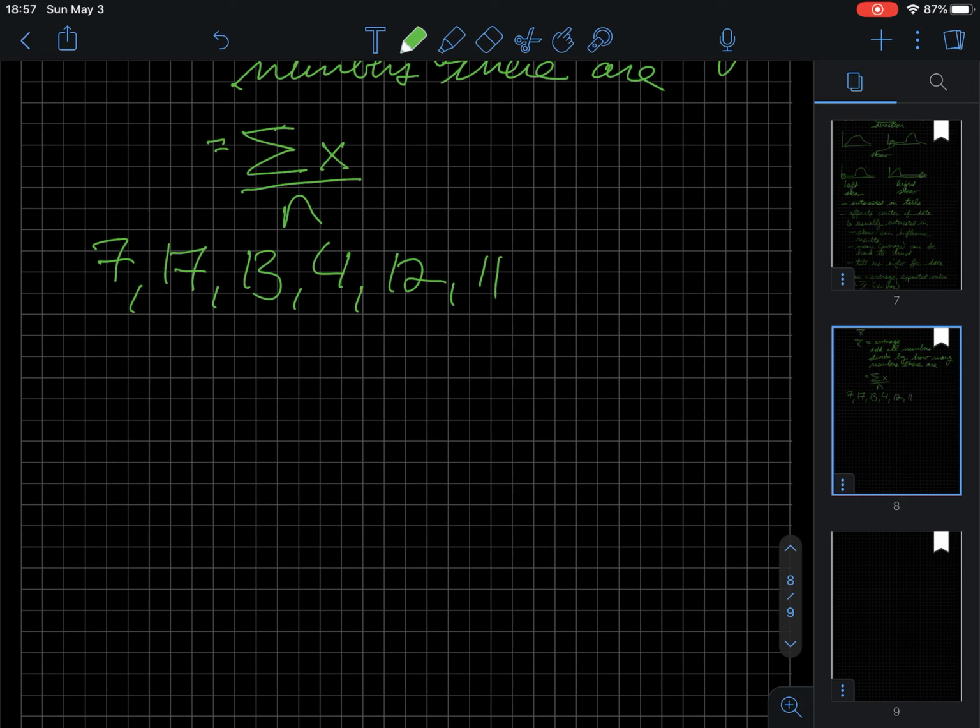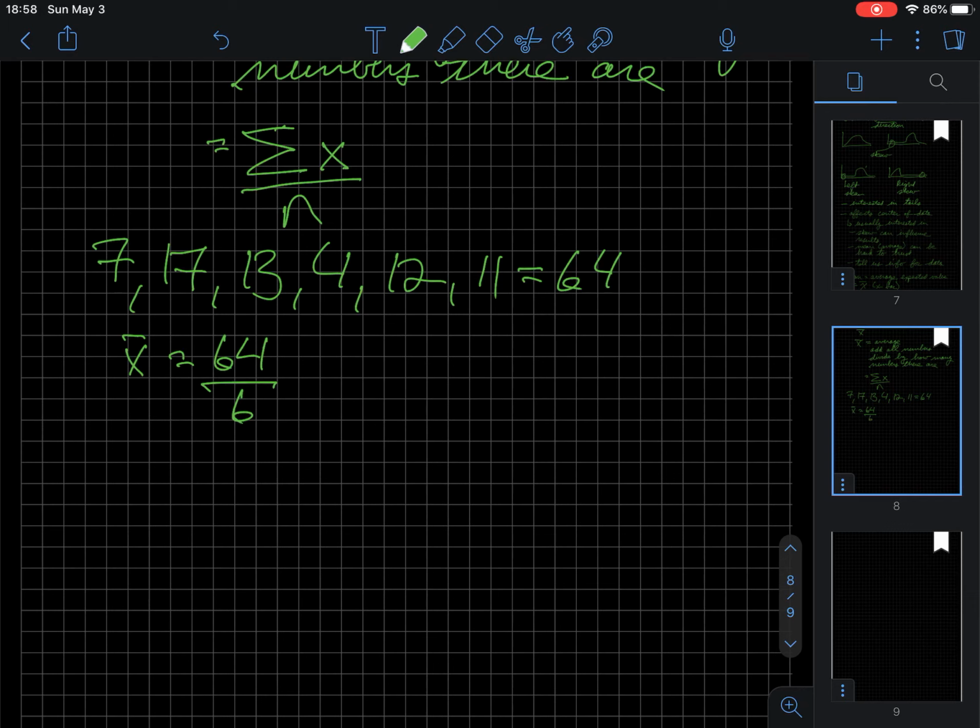First, we add all this up: 7, and I'm using a calculator, plus 17, plus 13, plus 4, plus 12, plus 11. This is going to equal 64. So to find X bar, it'd be 64 divided by 1, 2, 3, 4, 5, 6, 6 numbers.